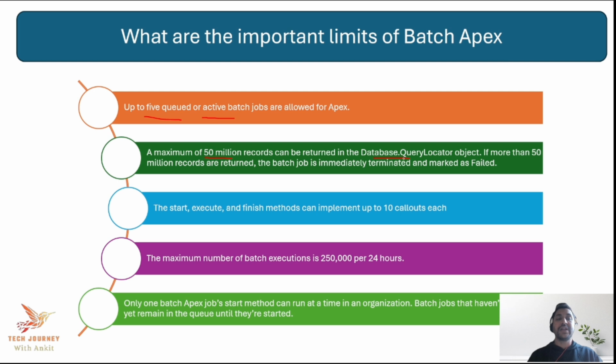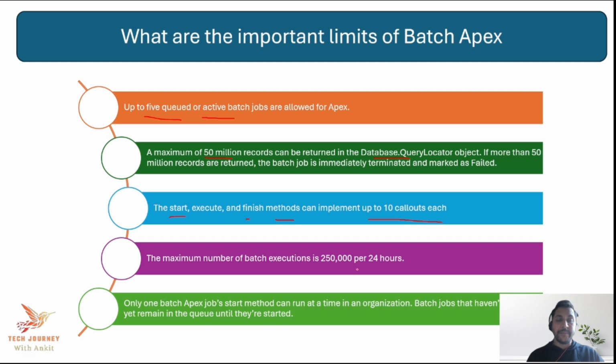In case there are more than 50 million records, your batch Apex will terminate immediately and will mark the complete process as failed. Next, the start, execute, and finish methods can each implement 10 callouts.